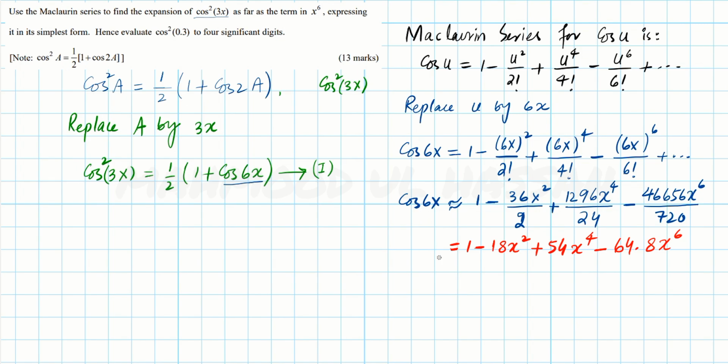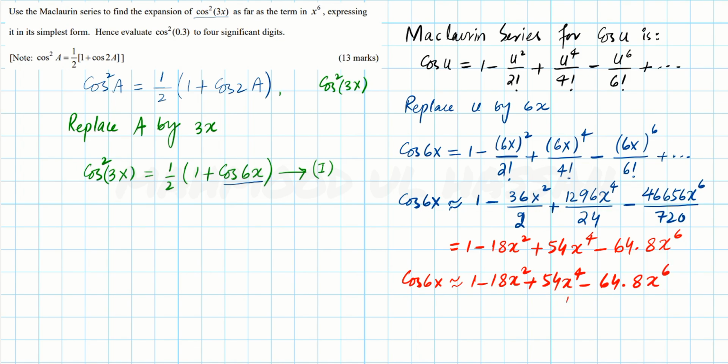Okay, so basically cos 6x is approximately equal to 1 minus 18 x squared plus 54 x to the power 4 minus 64.8 x to the power 6.